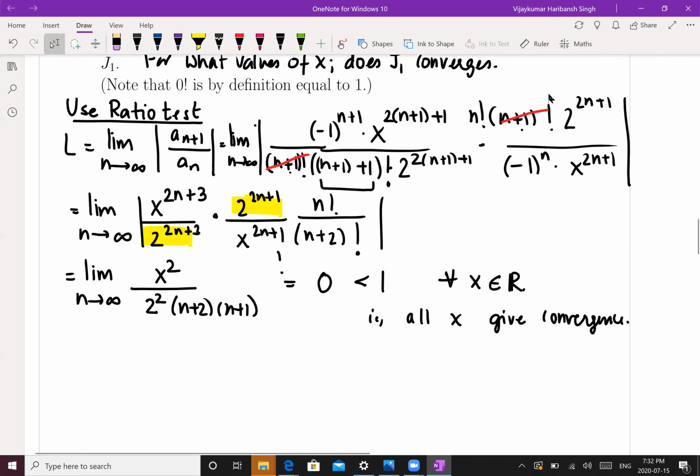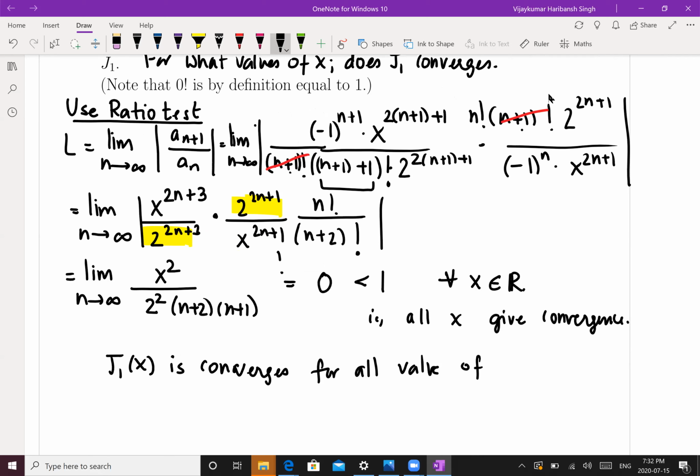So this means J1 of x converges for all values of x, and its domain hence is R.